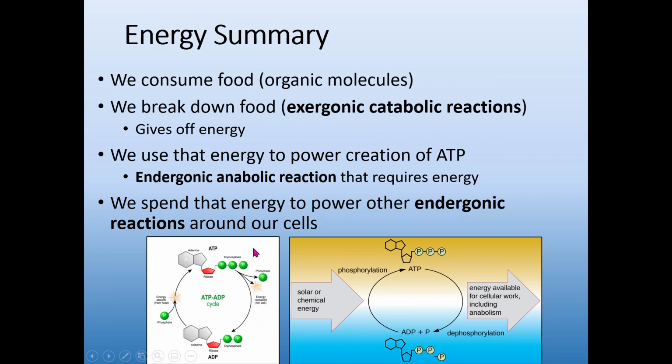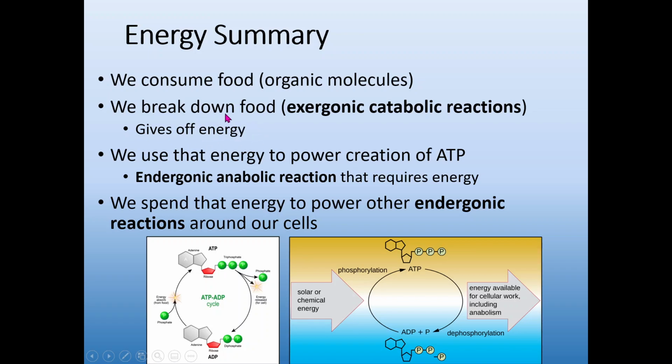So we can summarize this process in essentially 4 big steps. We consume food, large, high-energy organic molecules. We break down that food in exergonic catabolic reactions. You should make these connections, that exergonic and catabolic go together. That process is breaking down large molecules into smaller molecules, which gives off energy.